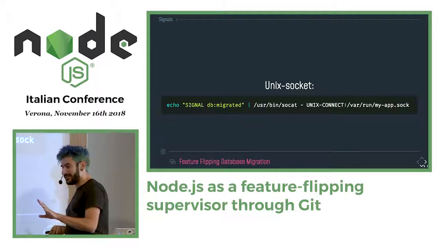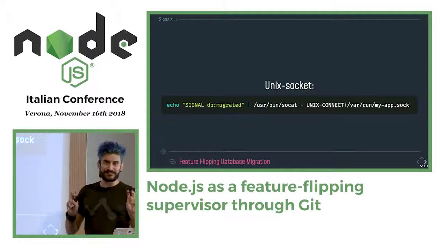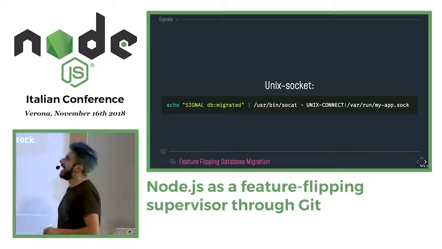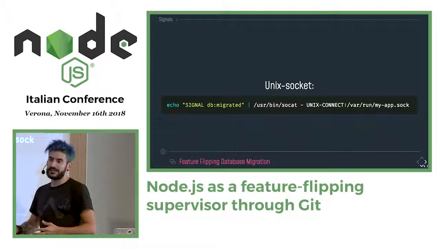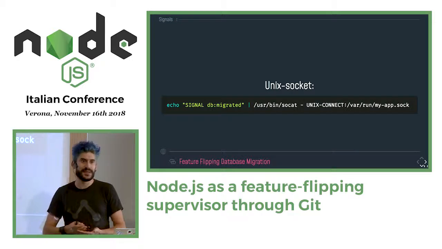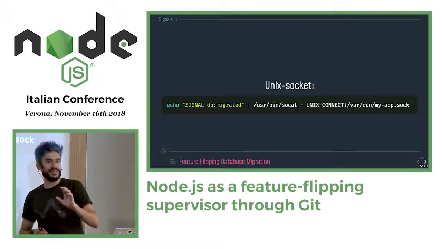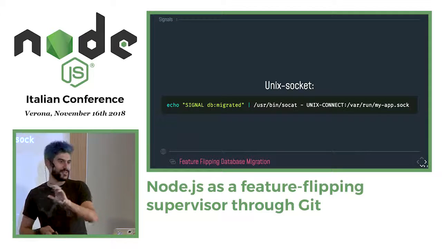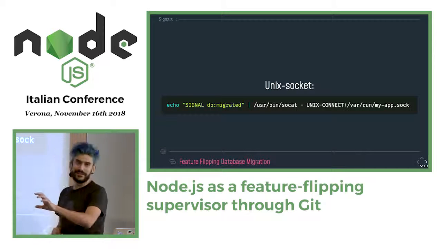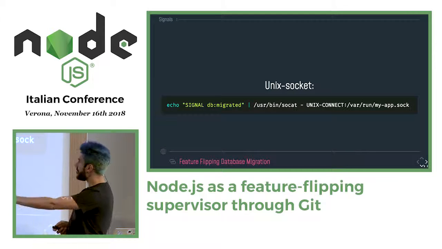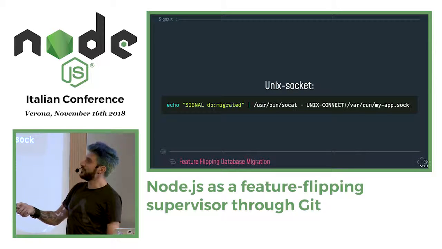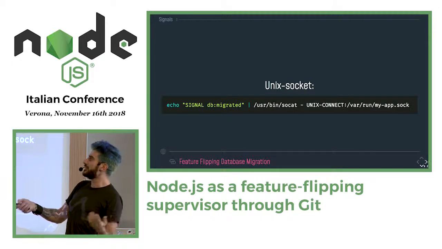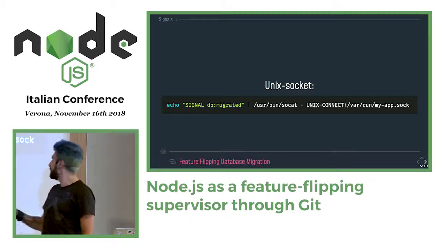So when I run some other Unix bash scripting stuff, when I am doing some actions in my hook scripts, I just push a signal in the Unix socket using the socat command, and it just writes a message, which is just signal db migrated when the migration is done.